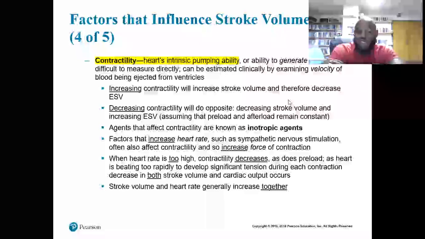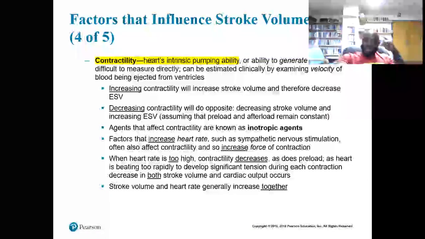We do know that when the heart rate is too high, when your heart is beating fast, the contractility decreases, as does preload, as you see here. If the heart beats too rapidly, it can cause a decrease in both the stroke volume and the cardiac output. It's not necessarily good for your heart to beat too fast. That can actually be bad for you.